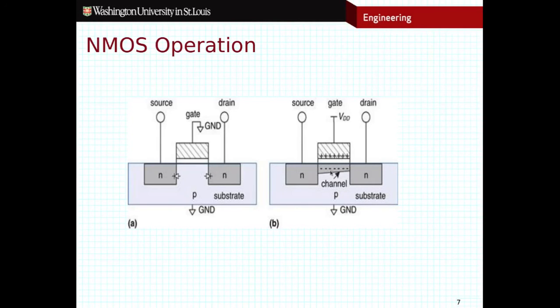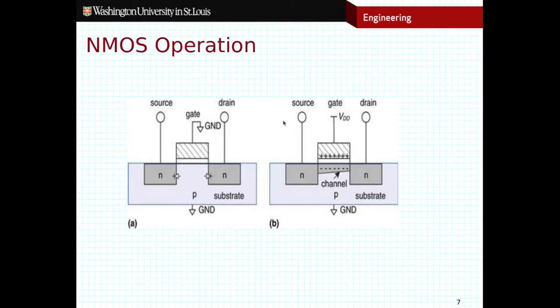It attracts these electrons to the positive voltage, and it forms a channel. So this channel is now effectively N-type semiconductor. We've effectively switched the type from P-type to N-type. And it creates a little channel that bridges the two N wells together and allows current to flow between the source and the drain.